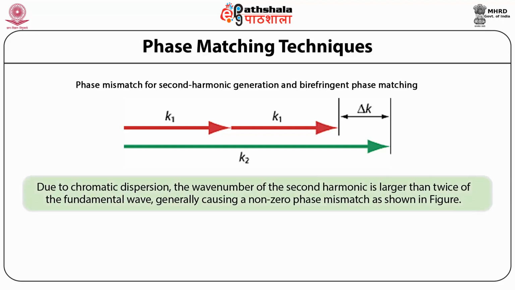Due to chromatic dispersion, the wave number of the second harmonic is larger than twice that of the fundamental wave. Dispersion generally causes a non-zero phase mismatch, as shown in figure 4.